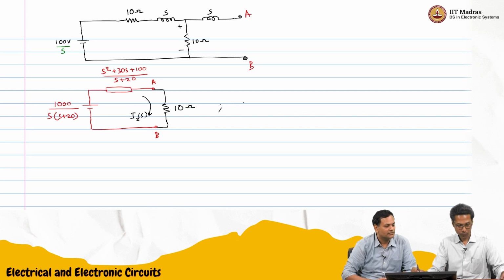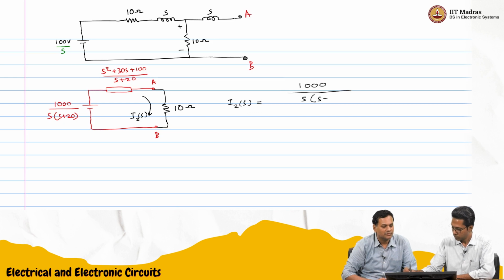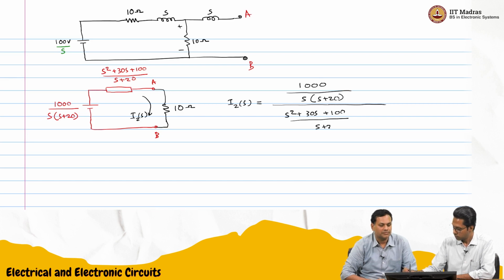So by this one, S squared plus 30S plus 100, plus 10.